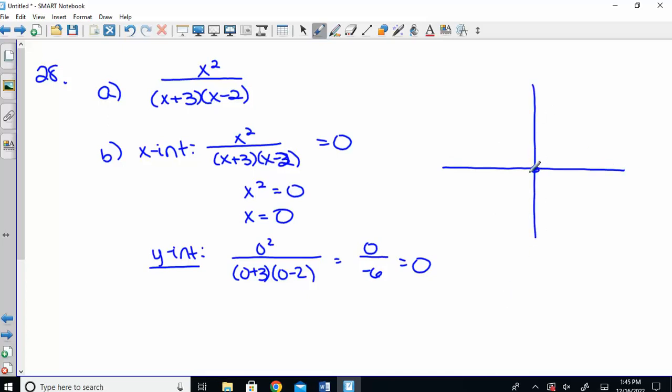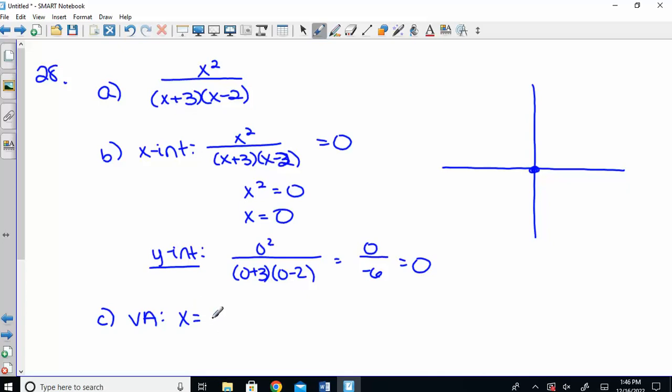Alright, I'm having you find this stuff because I expect it to be plotted exactly on the graph. So your graph here is not just a rough sketch. I want all of those things included. Alright, asymptotes. So vertical asymptote. X equals what makes the bottom 0?